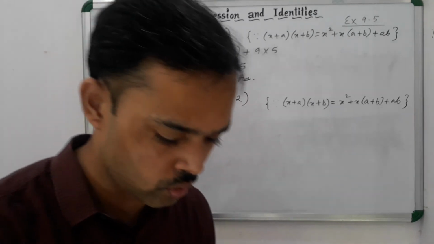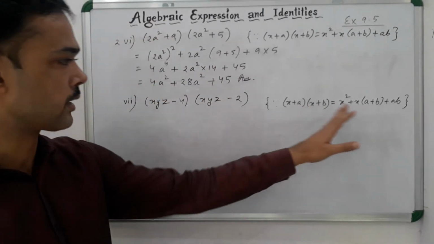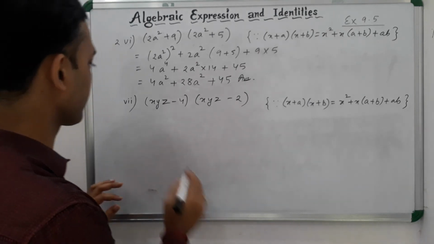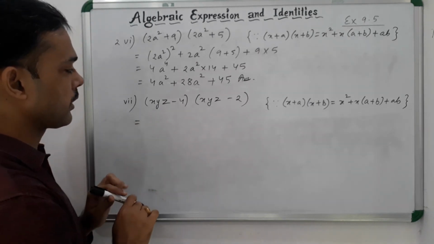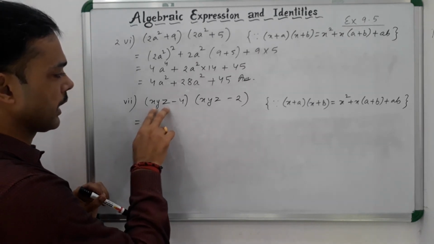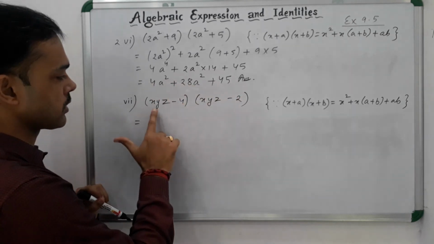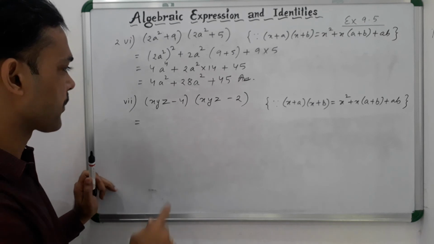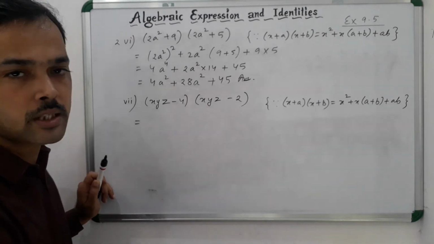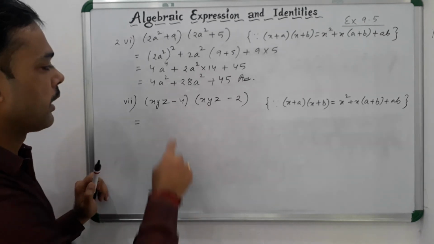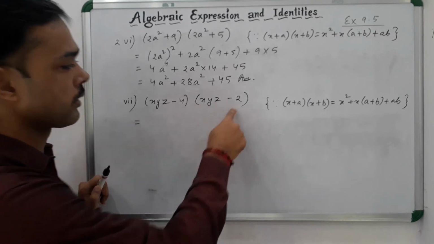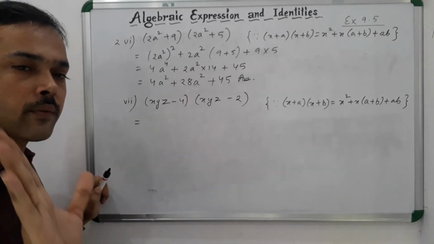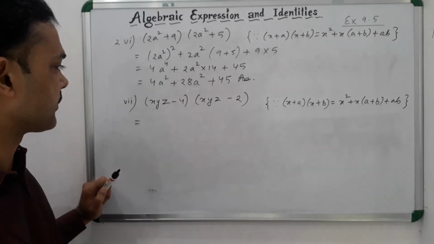Okay, so you people will write down this identity. Here what you are observing, it is like (x plus a) into (x plus b). Why? Because the first term is same in both, and the second term they are varying. So it means that we will be using this identity.